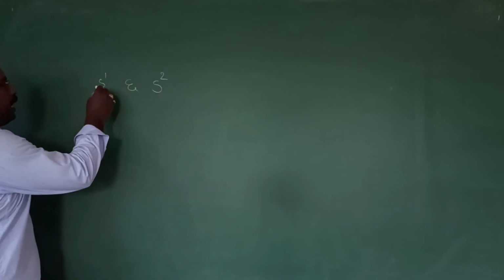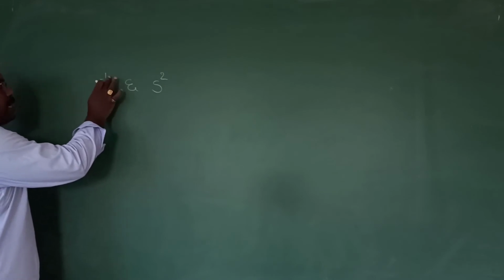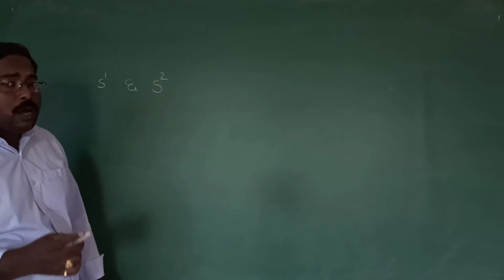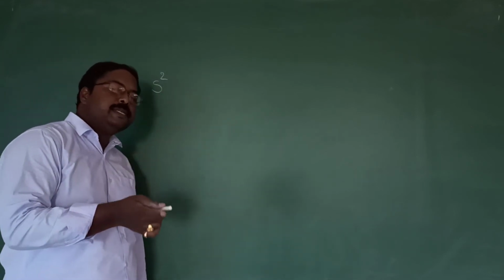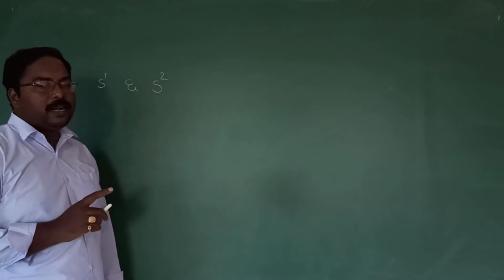The elements which have the electronic configuration in the valency shell as S1 and S2, all such elements will come under S block elements. Understood the logic or not?